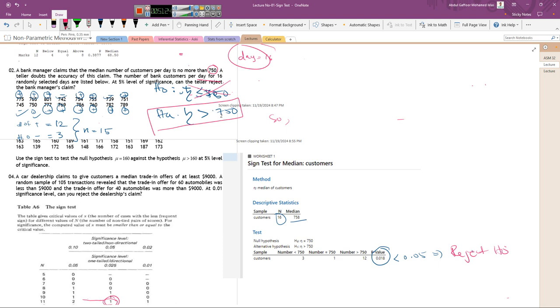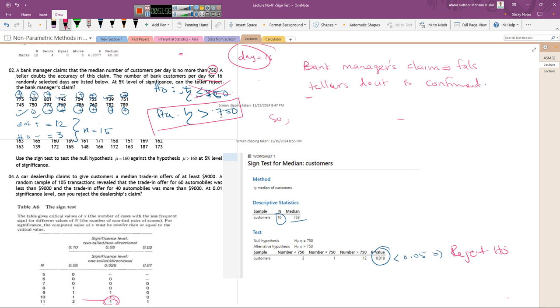So actually what the teller doubted was right, because the bank manager's claim was false here. The bank manager's claim was false and the teller's doubt is confirmed.